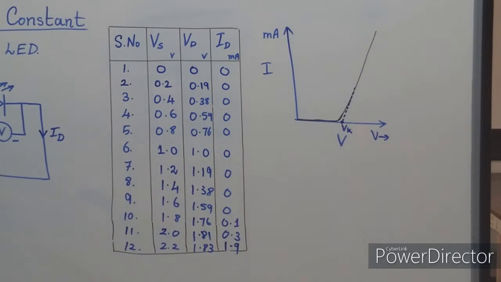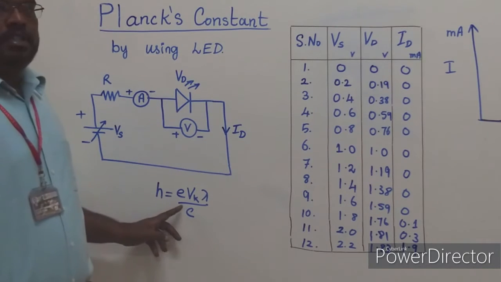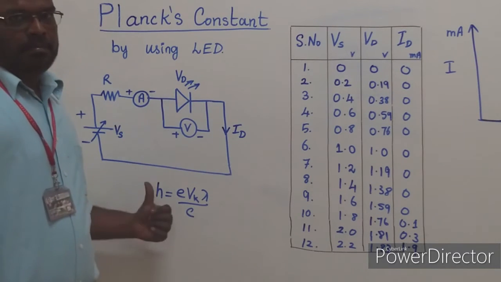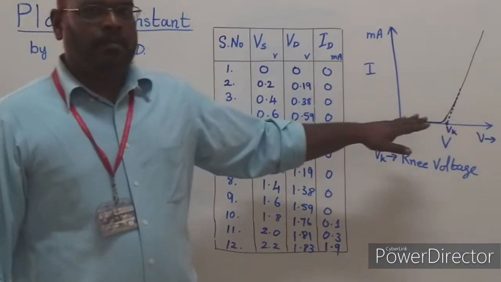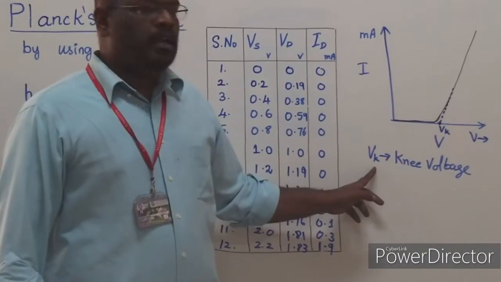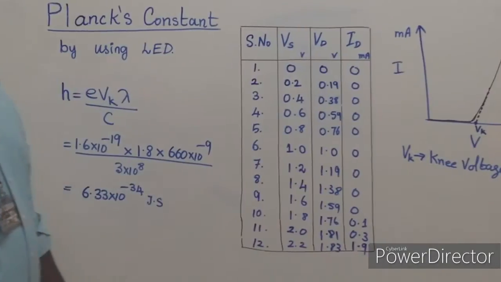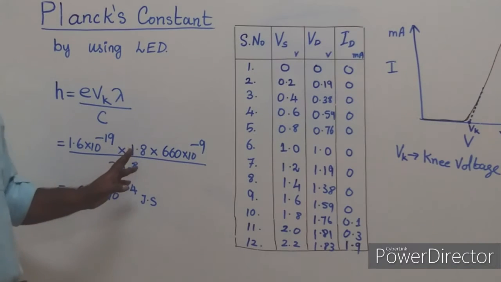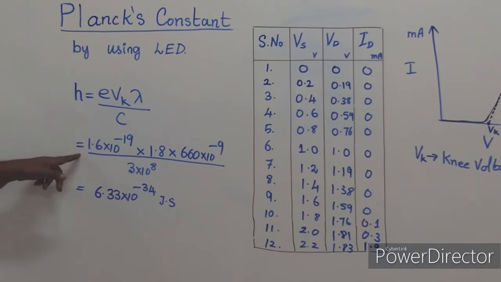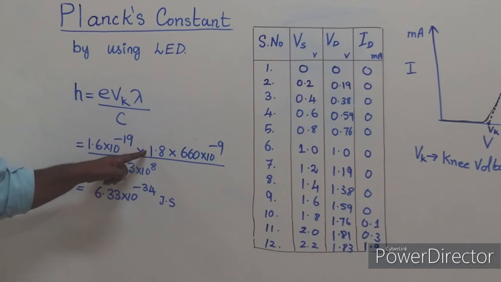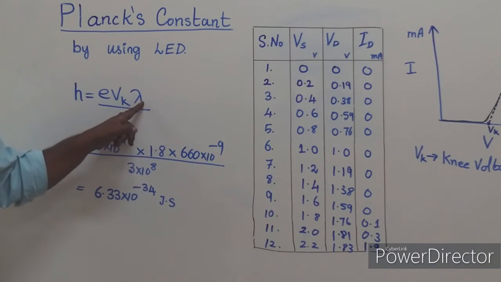Using this formula, you can substitute these values and find the Planck's constant. From the graph we can find Vk, the knee voltage. For example, here I have taken the knee voltage as 1.8 volt. E is 1.6 into 10 power minus 19, times Vk, times lambda.